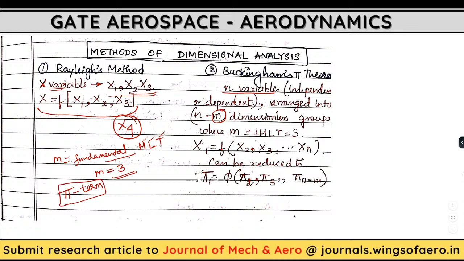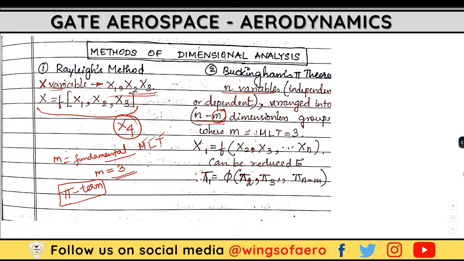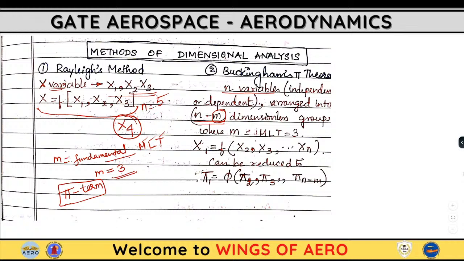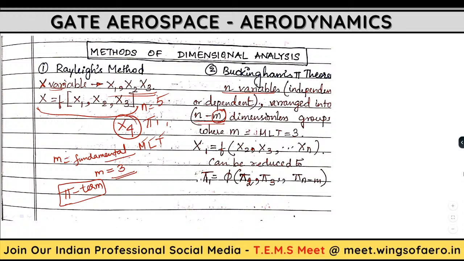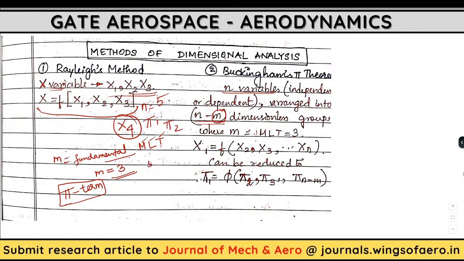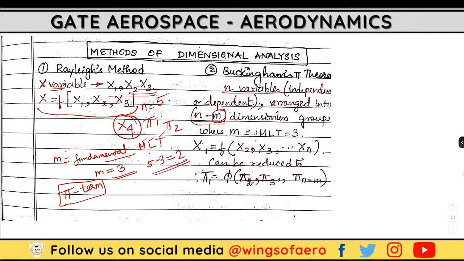The number of pi terms will be equivalent to n minus m. Suppose we have 5 variables, that is n equals 5. Then how many pi terms will we have? We will have 2 pi terms, that is pi 1 and pi 2, because n minus m, 5 minus 3, is 2. That means we will have 2 pi terms.